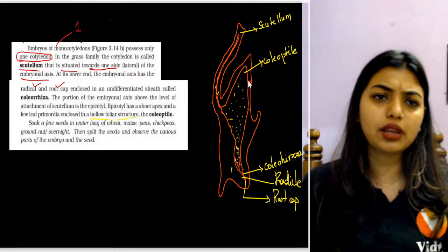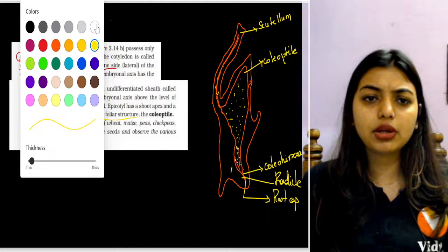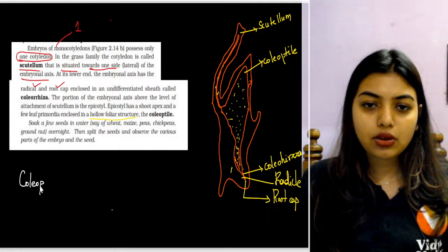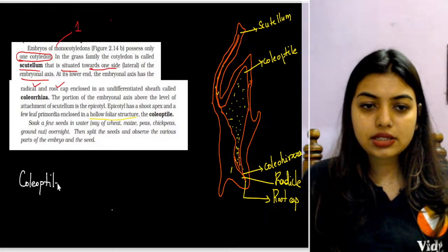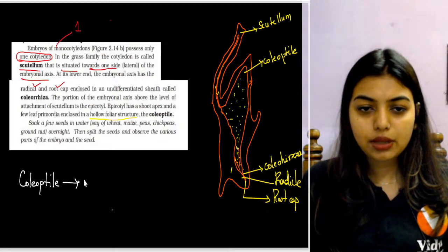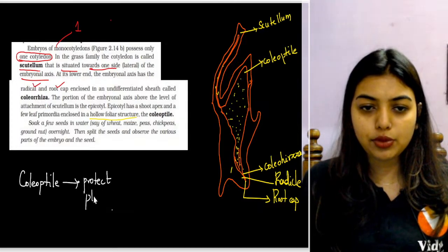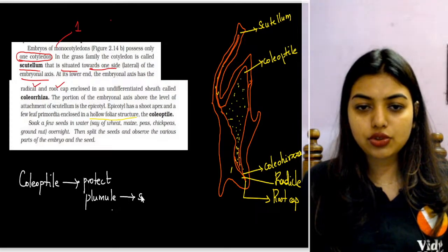You don't have to worry about all of this. Just remember only this much. Coleoptile protects the shoot apex or the plumule, and this plumule gives rise to the shoot. Simple, yes or no?